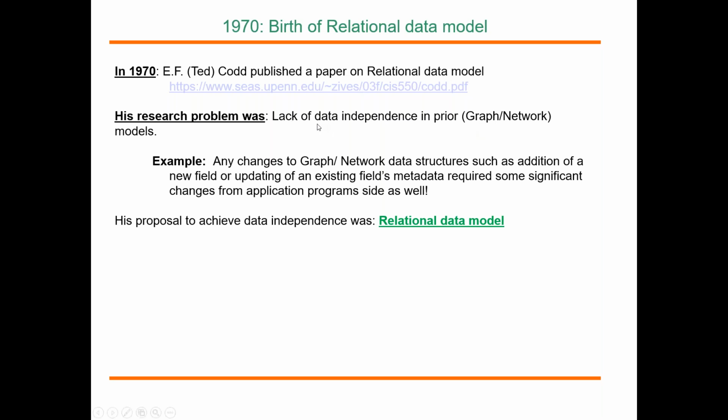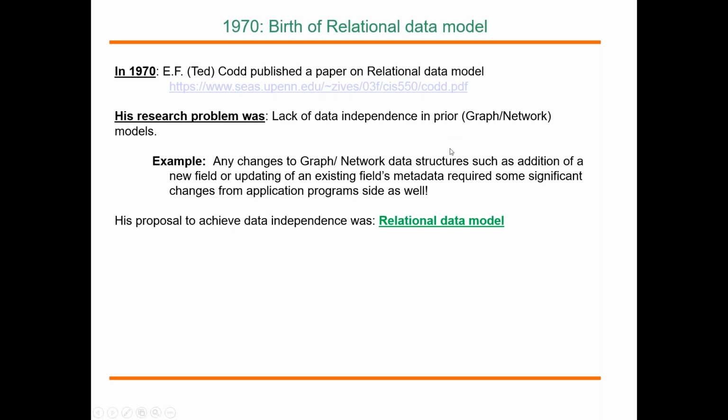Now, what is the meaning of this data independence? For example, if I build a data model using, let's say, a network, any changes to the data model, for example adding a new field, used to require significant changes in the application program as well.